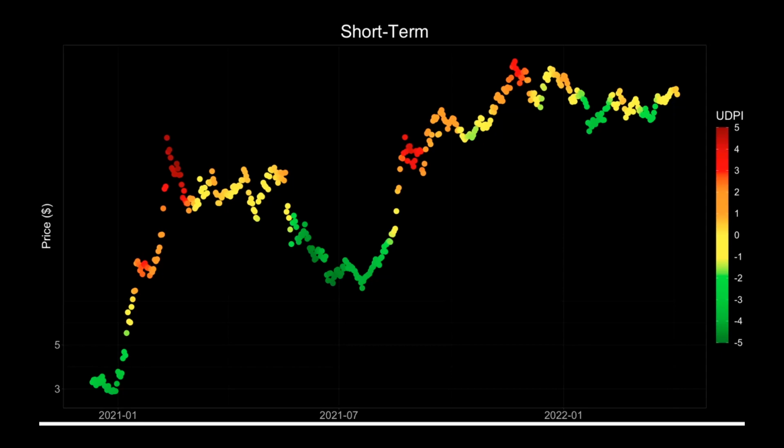And so that's something concrete that you could look for if you were interested in making an entry into Avalanche: a pullback to that trend line, maybe in the lower 80s or upper 70s, looking for the UDPI in the short term to flash a more favorable entry, perhaps something like -2 or lower. And that would be a more strategic entry than where it's at right now, which again is about $94, having just gotten rejected for the third time off of $100.